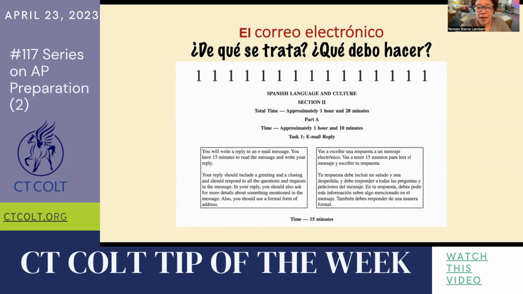So really quick, a review of the task. The students have 15 minutes to read an email from either a person looking for an intern for the summer, a person looking to fill a position for a summer job, maybe someone who would like to give you a scholarship. There are a variety of scenarios.